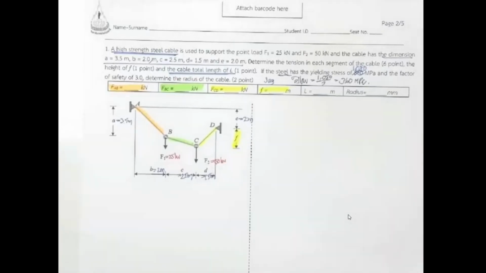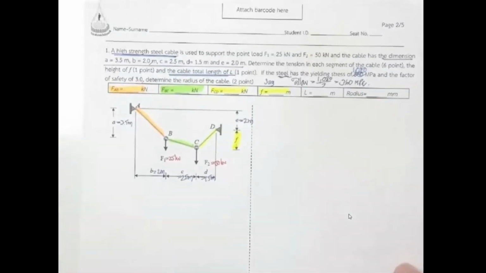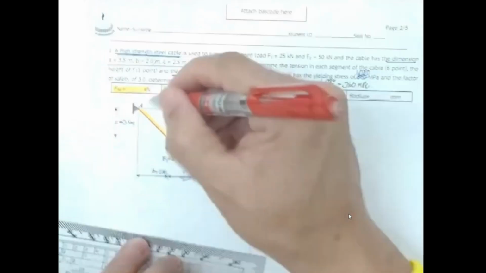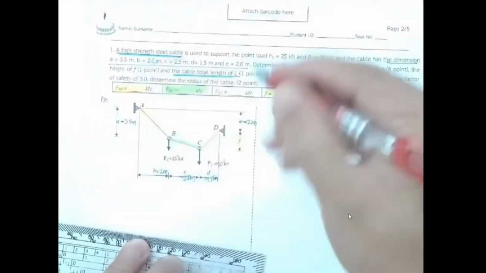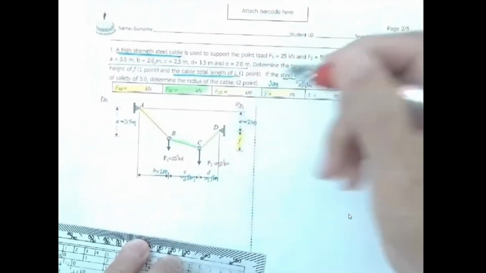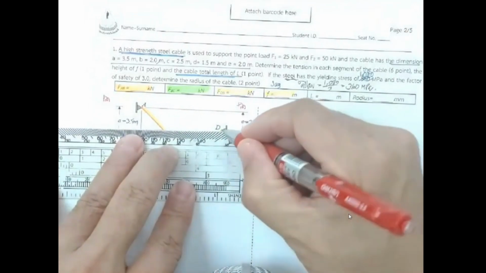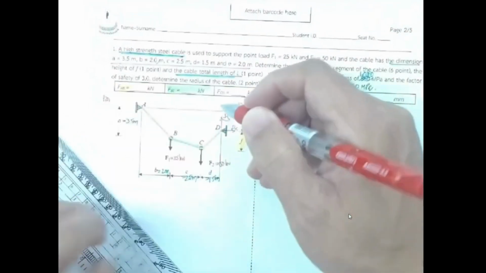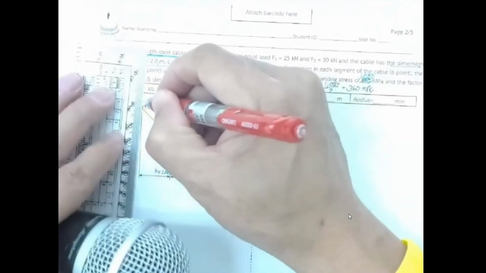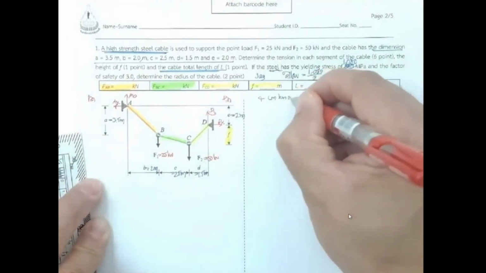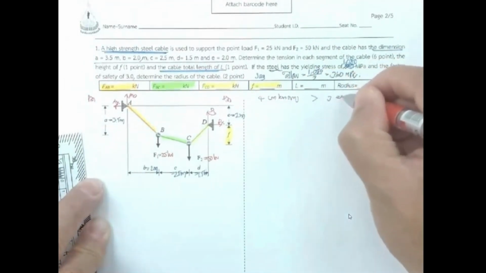For public safety. Now, you may see this cable is supported by the pin at A and the pin at D. And again, you may say, okay Ajahn, I will have the reactions D sub X, D sub Y, A sub X, and A sub Y. You have 4 unknowns, larger than the 3 equations of equilibrium.